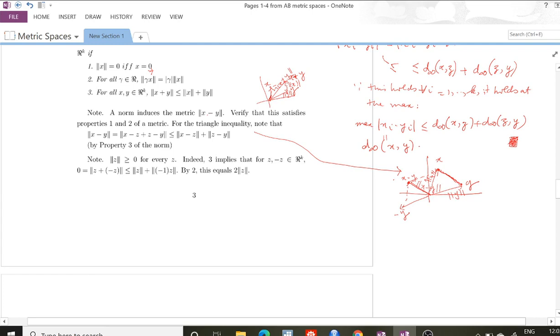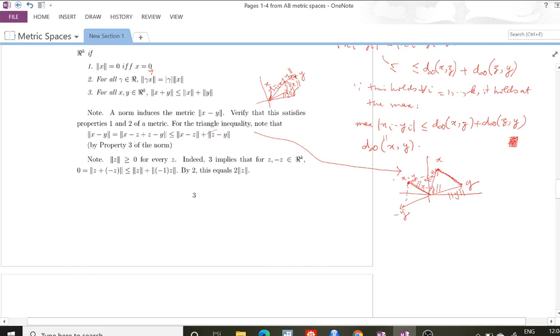If we want to show that this is a metric and that this satisfies the triangle inequality for metrics, we want to show that norm x minus y, which is the distance between x and y, is less than or equal to norm x minus z plus norm z minus y.